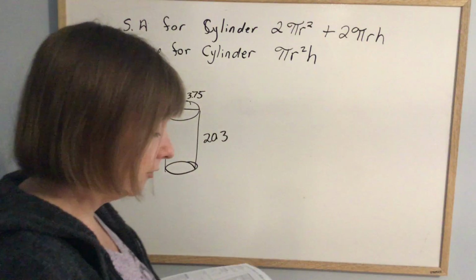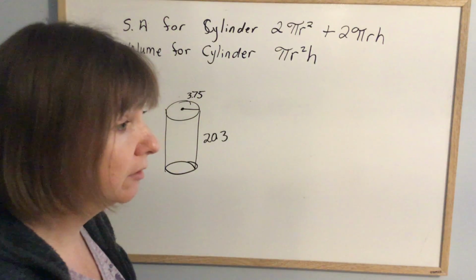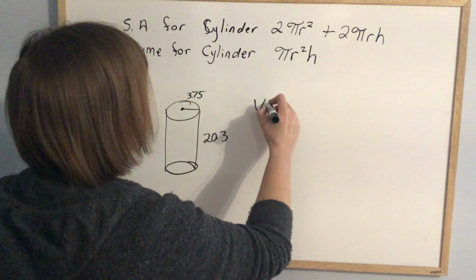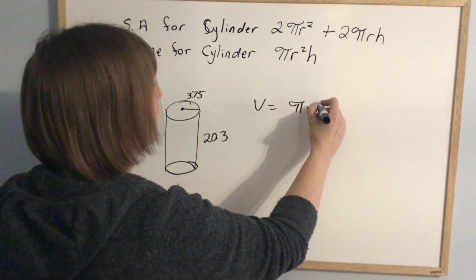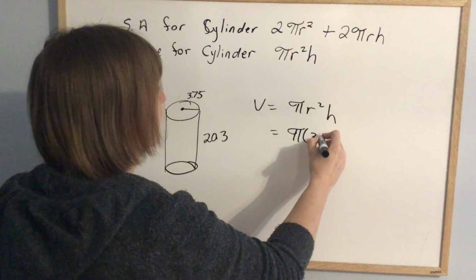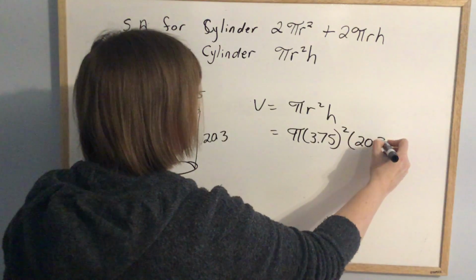Now they say to this one to round to the nearest cubic centimeter, which means we're not going to have any decimal places. So we're looking for volume this time, which is pi r squared times h. So pi times 3.75 squared times height.